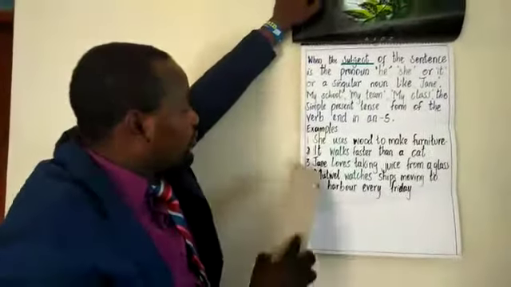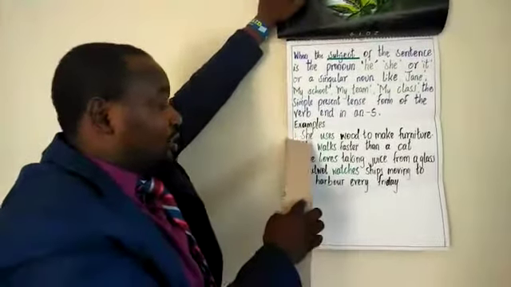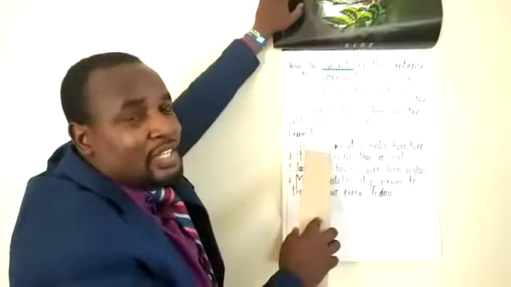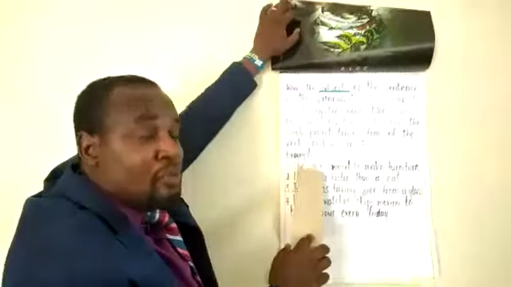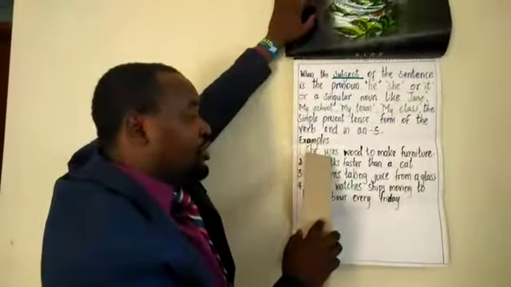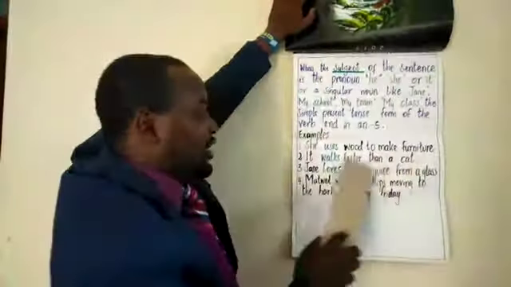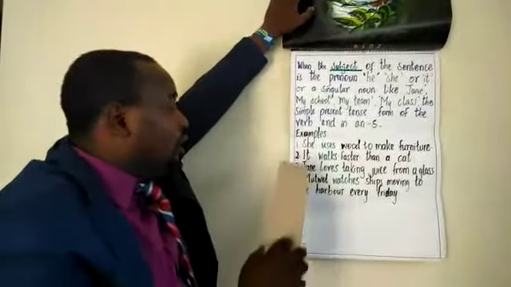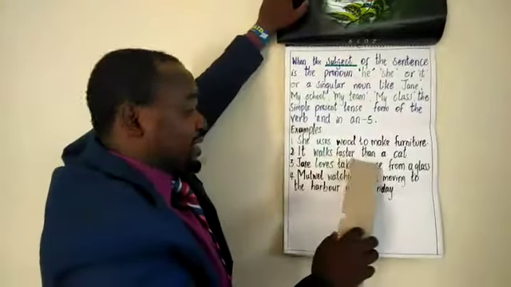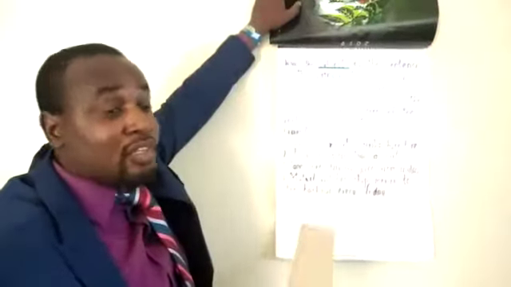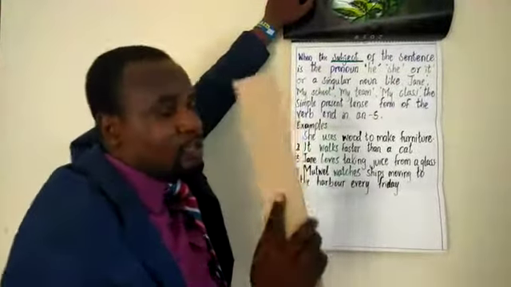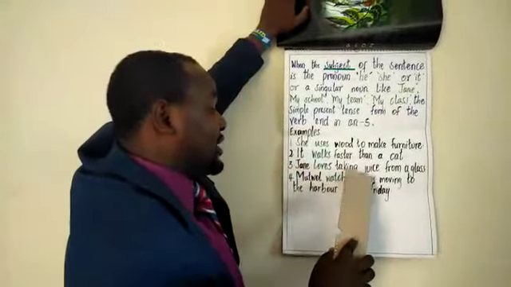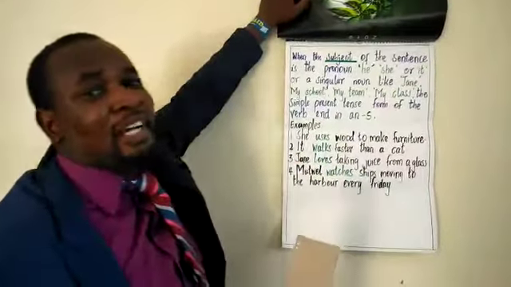Example 1. She uses. We don't say she use. We say she uses wood to make furniture. It walks faster than a cat. It is a pronoun.